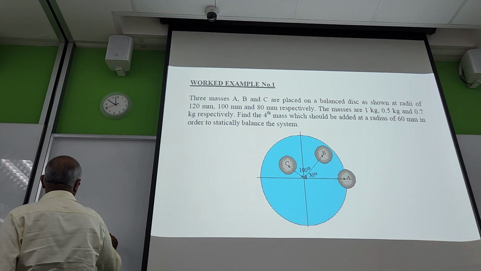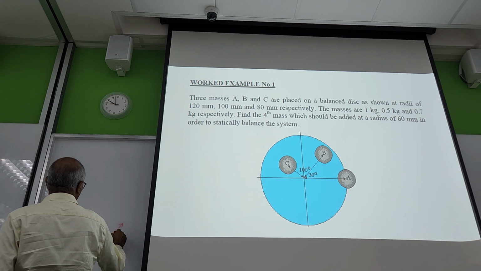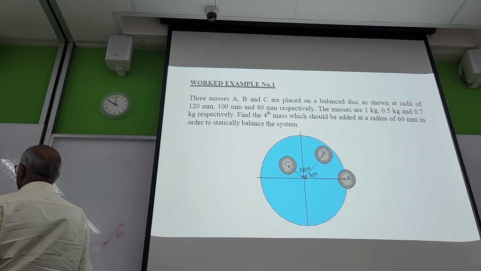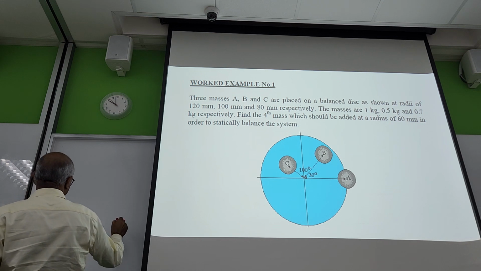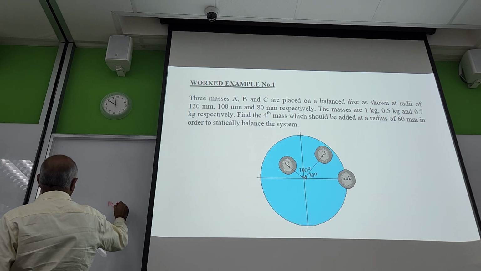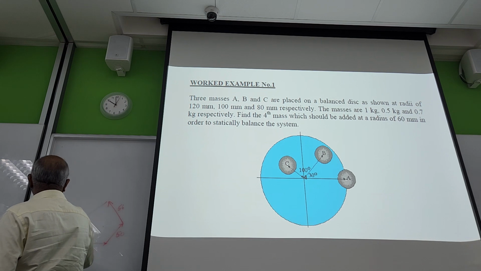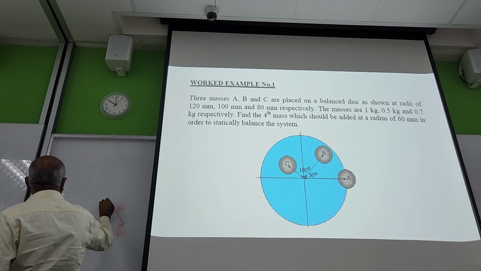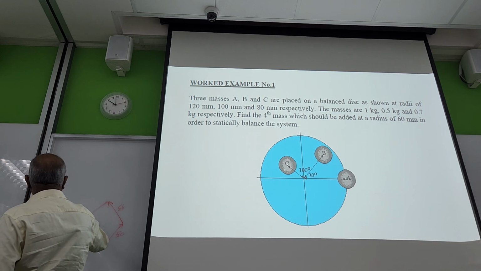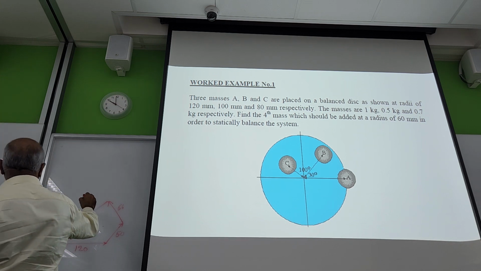Then 50 at 30 degrees. Then 56 at 130 degrees. Then we can complete this. So the value will be 60 times MB. So this one, measure how much?